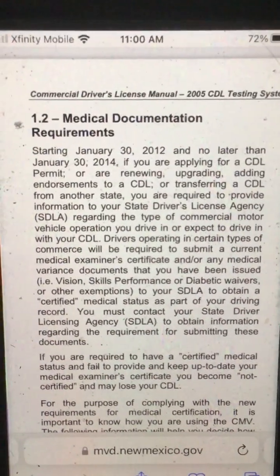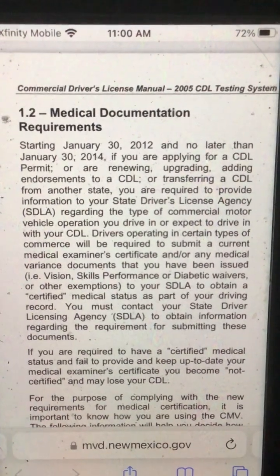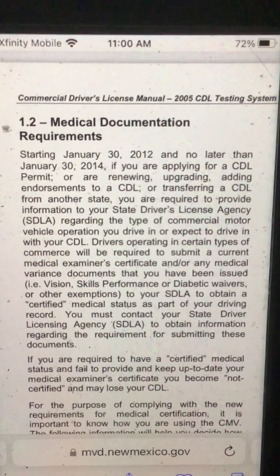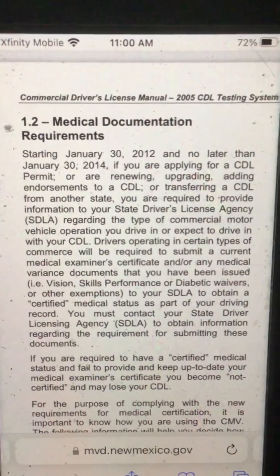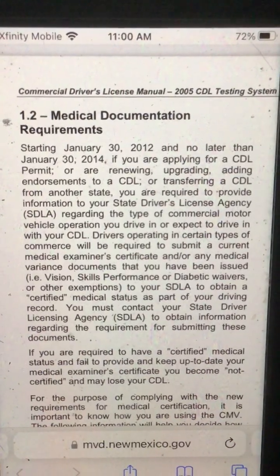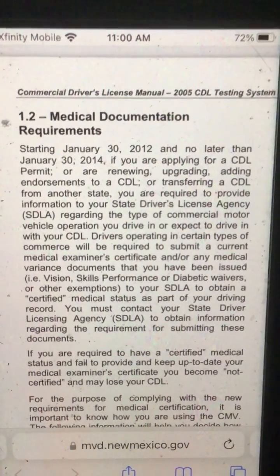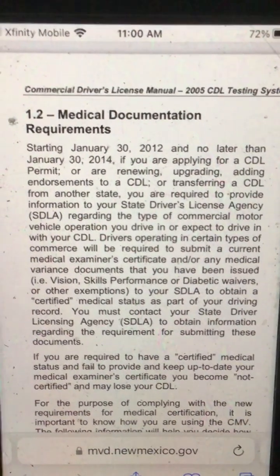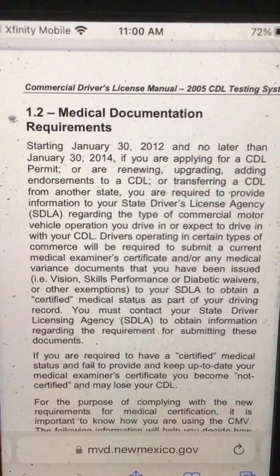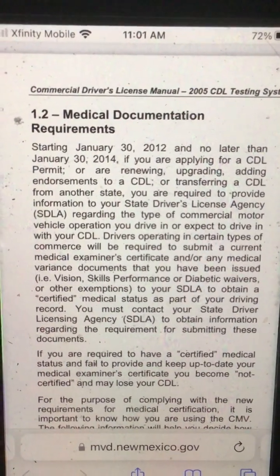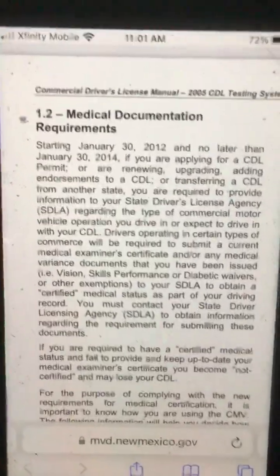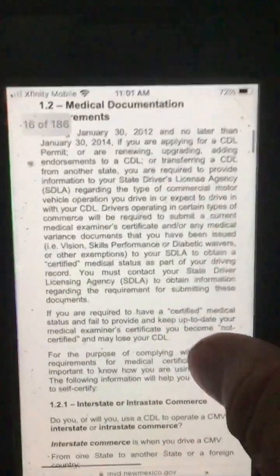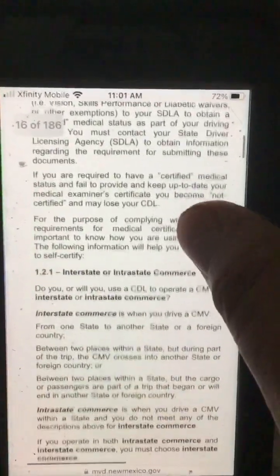For instance, vision, skills performance, or diabetic waivers, or other exemptions, to your SDLA to obtain a certified medical status as part of your driving record. You must contact your state driver licensing agency, SDLA, to obtain information regarding the requirement for submitting these documents.